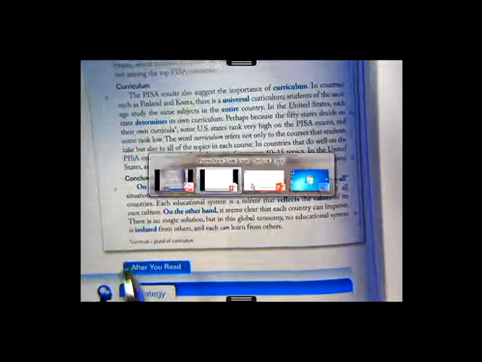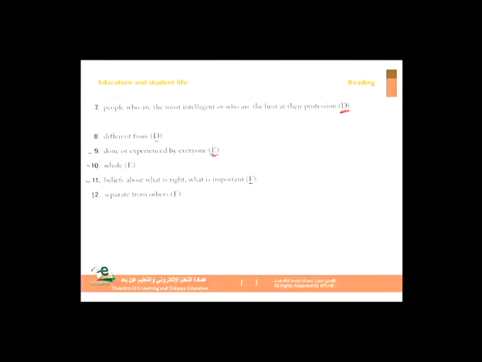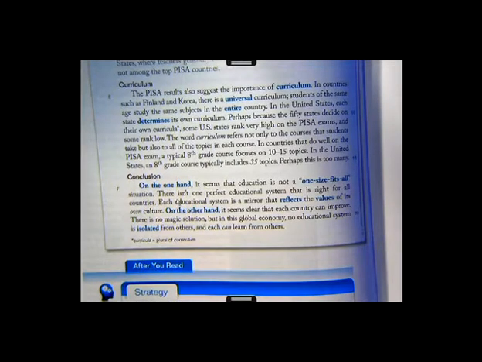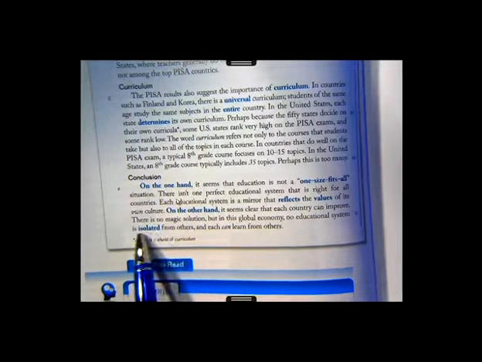All right, the last definition we have: separate or separate from others. It's paragraph F, the same paragraph. And the correct answer is isolated.